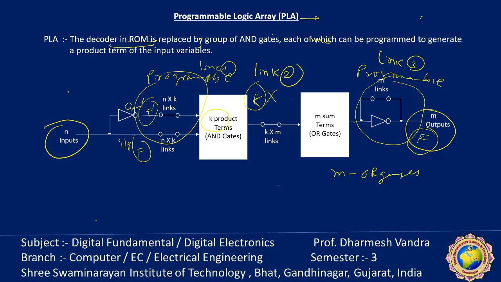The size of a PLA is specified by the number of inputs, the number of product terms, and the number of outputs. The size of a PLA depends on 3 parameters. First, the number of inputs. Second, the number of product terms.